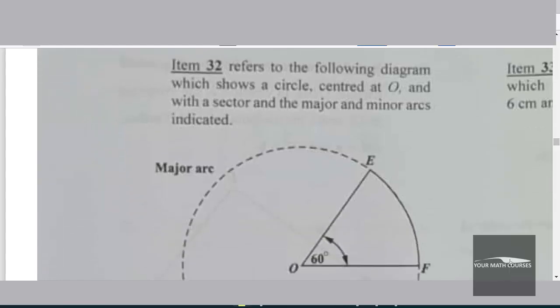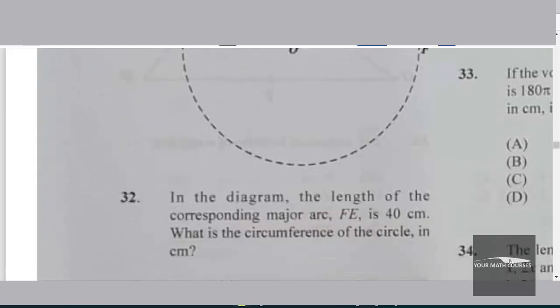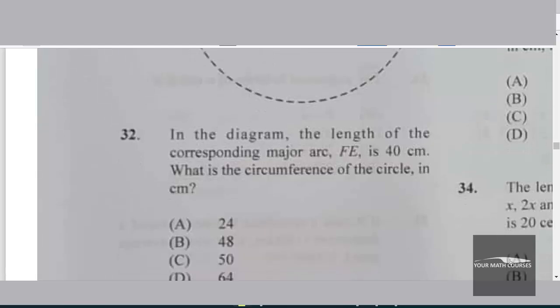Item 32 refers to the following diagram, which shows a circle centered at O and with a sector and major and minor arcs indicated. So the major arc is this and the minor arc is that. In the diagram, the length of the corresponding major arc, FE, is 40 centimeters.